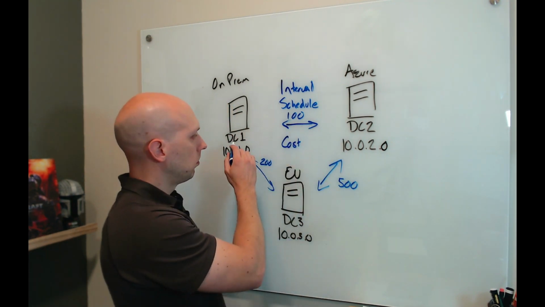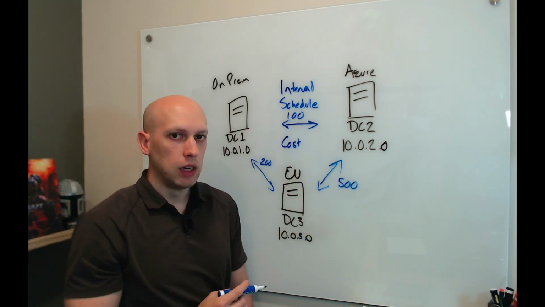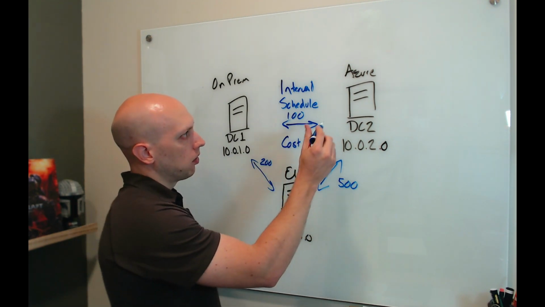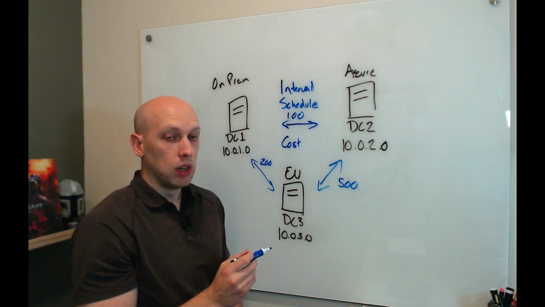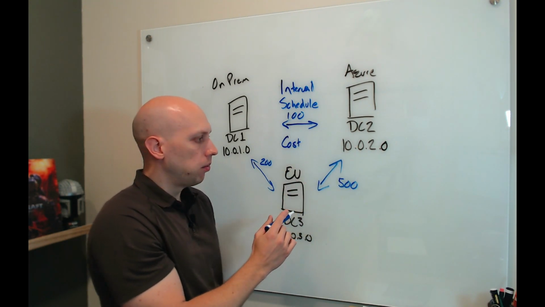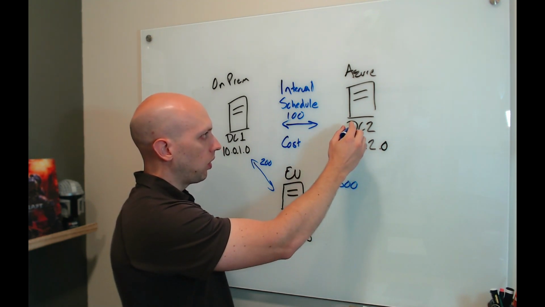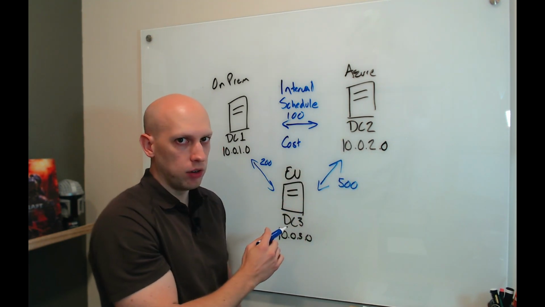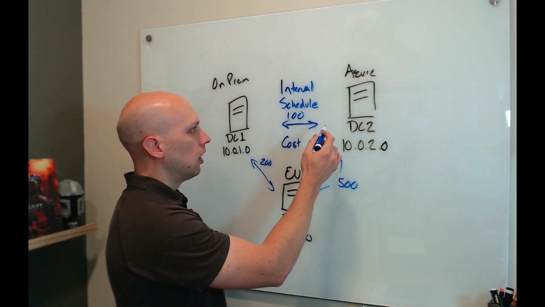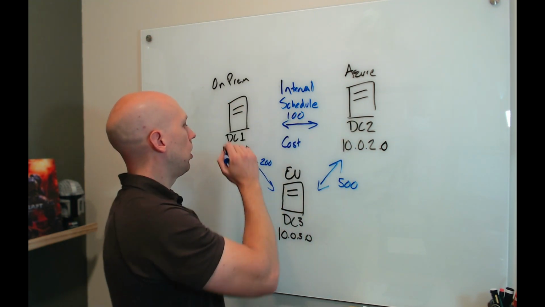So 100, 200, 500. If this is how you have cost configured, if I were to create and update a user in Azure, it would still not use this IP site link because the cost to get directly from Azure to Europe is 500 total. And this is how Microsoft calculates the math. However, it calculates the math from Azure to on-prem to EU.